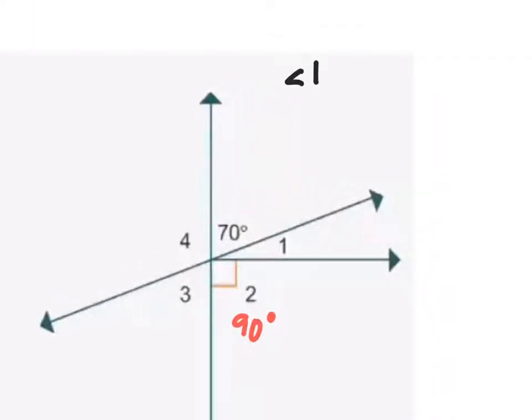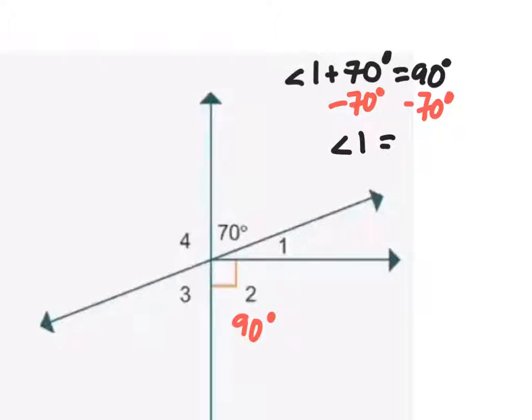I'm going to say angle 1 plus 70 degrees is equal to 90, because this forms a straight line. And this is 90, that means the other piece has to be 90 because they both have to add up to 180. So if I subtract 70 degrees from both sides, then angle 1 is equal to 20 degrees.